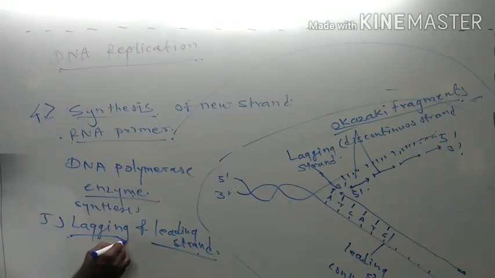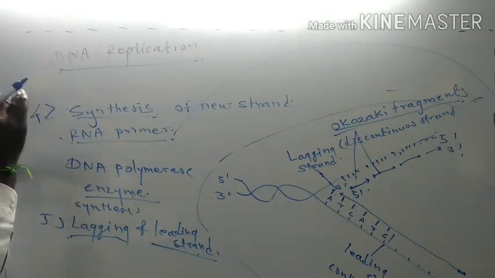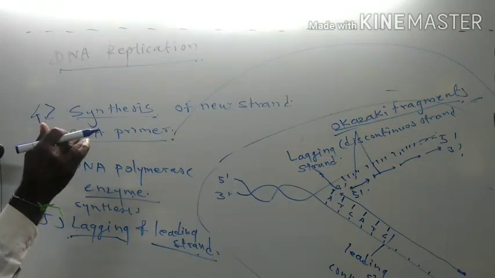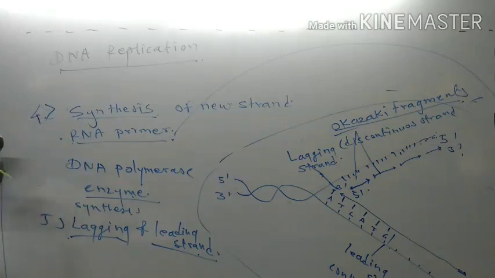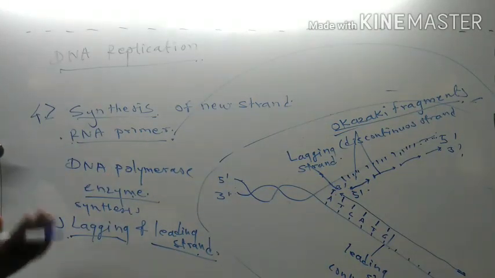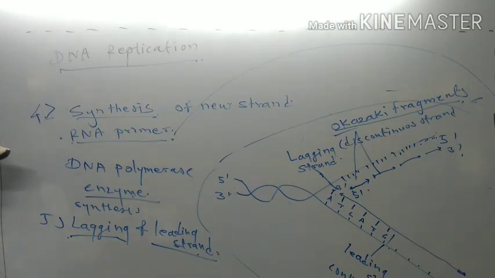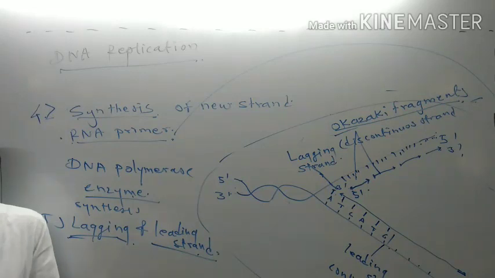And the lagging strand, which is formed later on, is in fragmented form, and those fragments are called as what? Okazaki fragments, and that strand is called as what? Lagging strand. So at the 3' end it is a leading strand which is continuous, and at the 5' end that is a lagging strand.